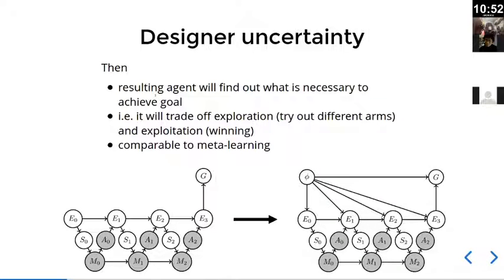And yeah, if it can, it will find out which environment it's faced with and solve the problem. So this is also kind of like meta learning. So we can nicely represent this in this framework.